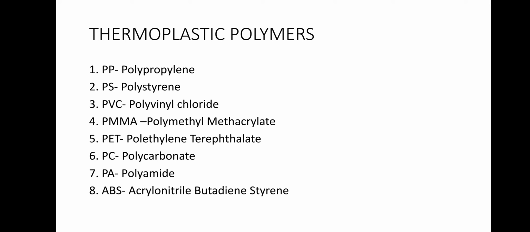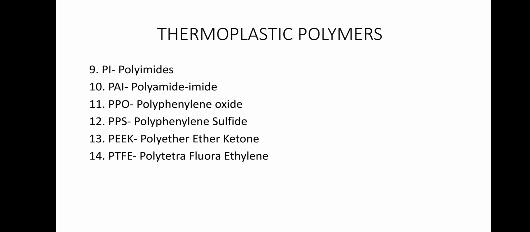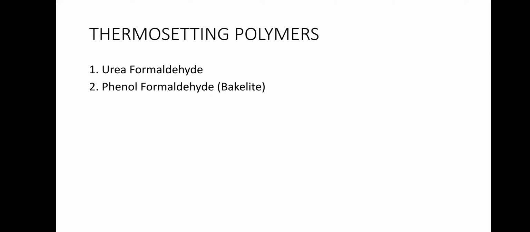In this lecture, we are going to study these thermoplastic polymers: PP, polypropylene; PS, polystyrene; PVC, polyvinyl chloride; PMMA, polymethyl methacrylate; PET, polyethylene terephthalate; PC, polycarbonate; PA, polyamide; ABS, acrylonitrile butadiene styrene; PI, polyimides; PAI, polyamide imide; PPO, polyphenylene oxide; PPS, polyphenylene sulfide; PEEK, polyether ether ketone; and PTFE, polytetrafluoroethylene.